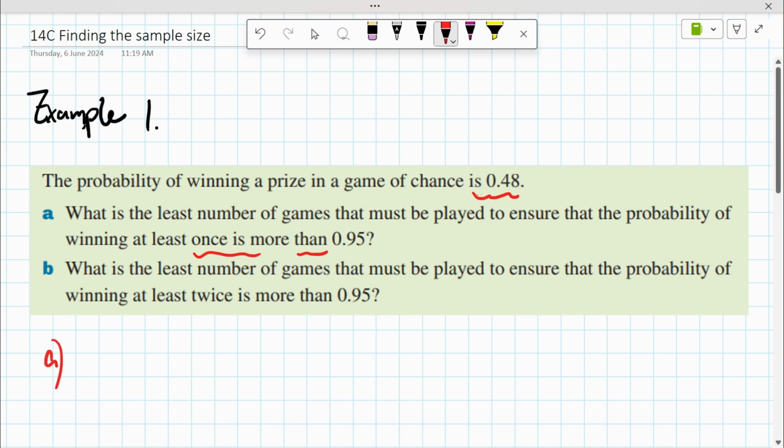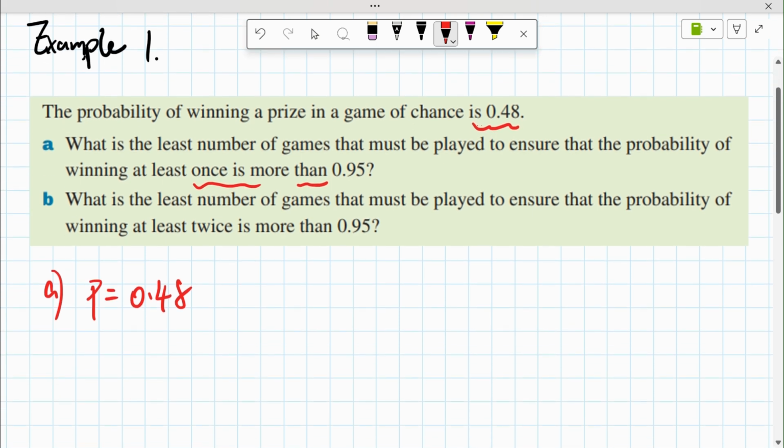As we know, this is a binomial distribution, which is independent, and the probability of success is P equal to 0.48.